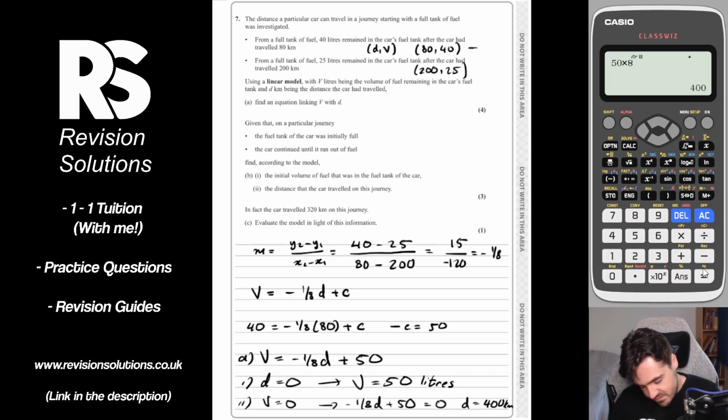Then it says, in fact, the car travelled 320 kilometres on this journey. Evaluate the model in light of this information. Well, 320 kilometres is significantly less than 400. So it's not a very good model. The values measured aren't matching up well to the values predicted by the model.